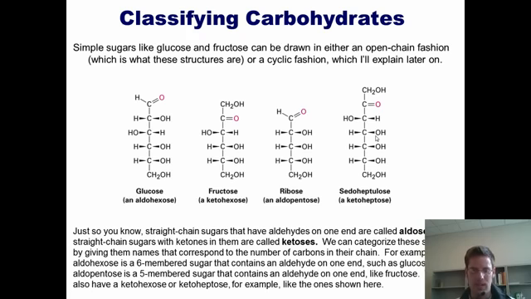ketoses. We can categorize these sugars further by giving them names that correspond to the number of carbons in their chains. For example, an aldohexose is a 6-membered sugar that contains an aldehyde on one end. So glucose is indeed an aldohexose. An aldopentose is a 5-membered sugar that contains an aldehyde on one end.